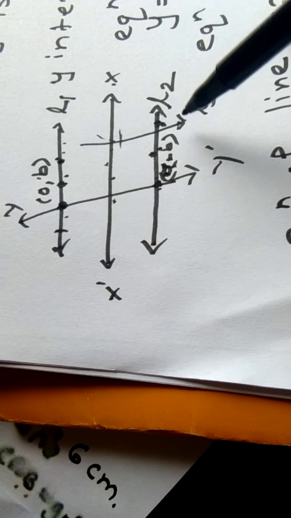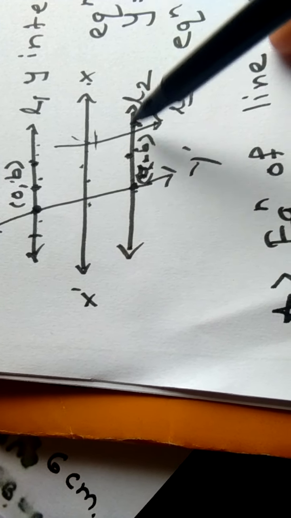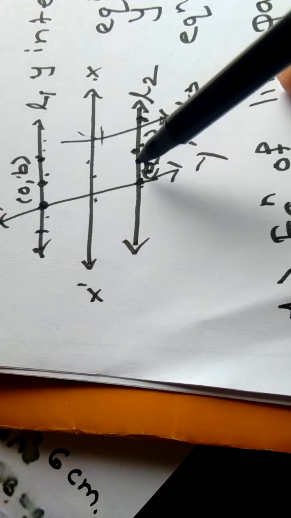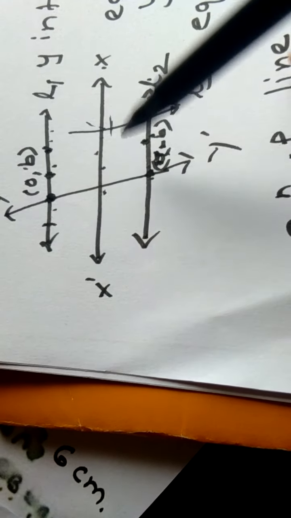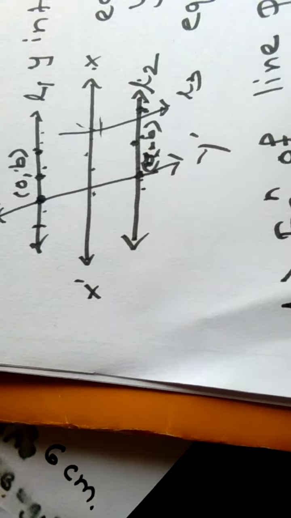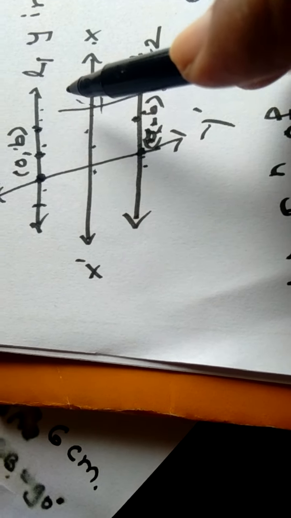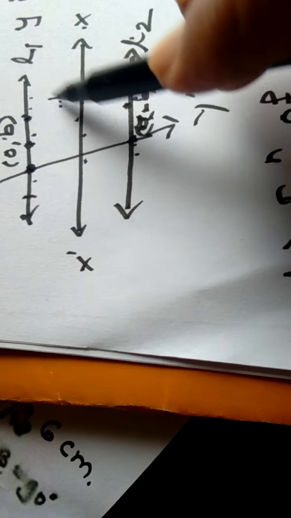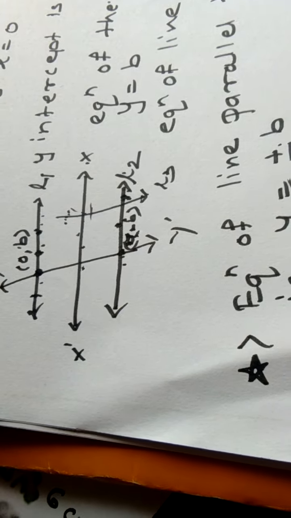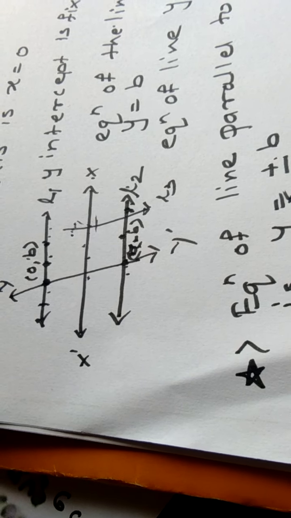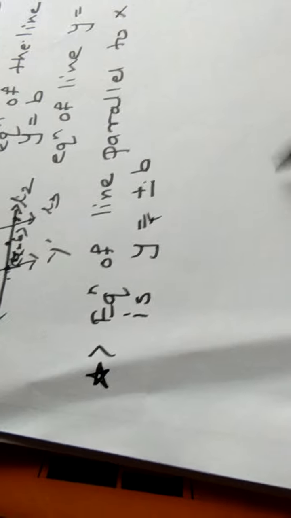If the line is parallel to y-axis, it may be in the LHS of y-axis or RHS of y-axis. If the point is positive, then the line is in the first quadrant. If one is negative and another is positive, then the line may be in the second and fourth quadrant. Now see what we have to do.